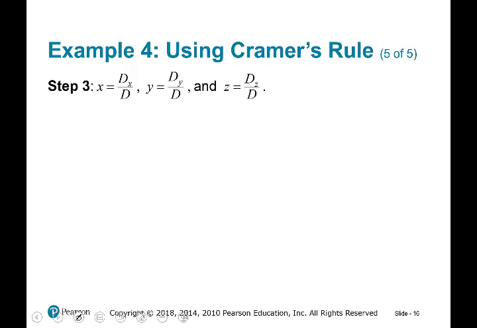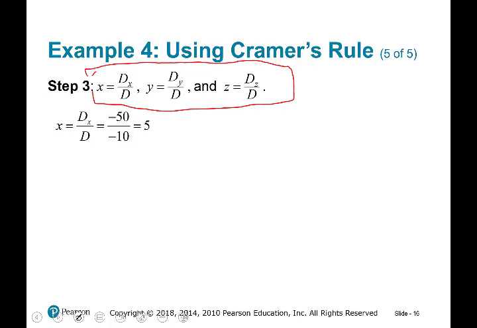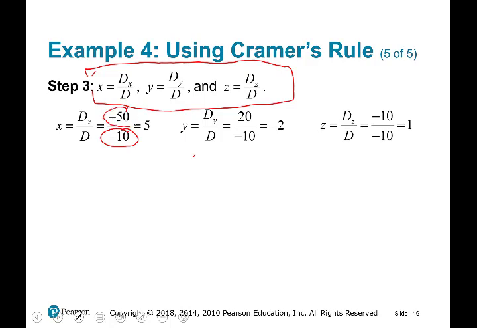Now, once you have all 4 values, it's a matter of substituting to get X, Y, and Z. Okay, so notice that we have values for D as -10, for dx as -50, dy 20, and dz -10. And this is important because now we have a solution. This system has a solution.